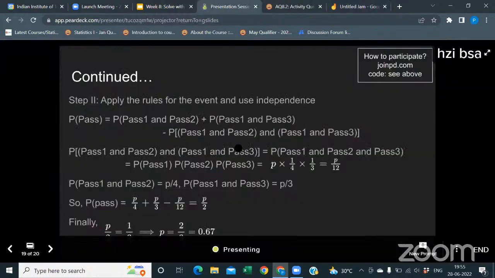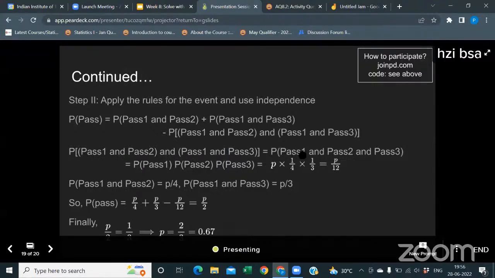In the question, it's given that all are independent, right? Now, if all are independent, then pass 1 and pass 2 and pass 1 and pass 3 are independent. Then probability of A and B equals probability of pass 1 and pass 2 and pass 3, since these two are the same.